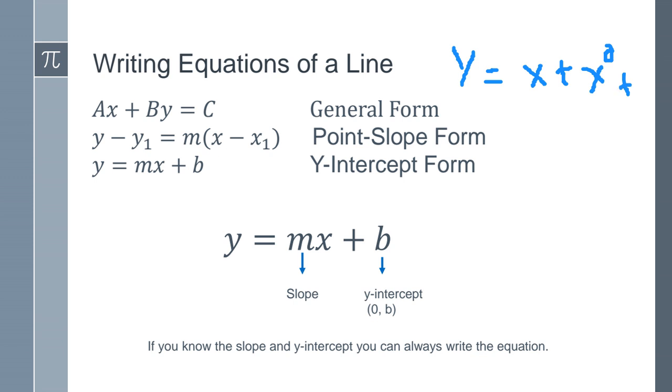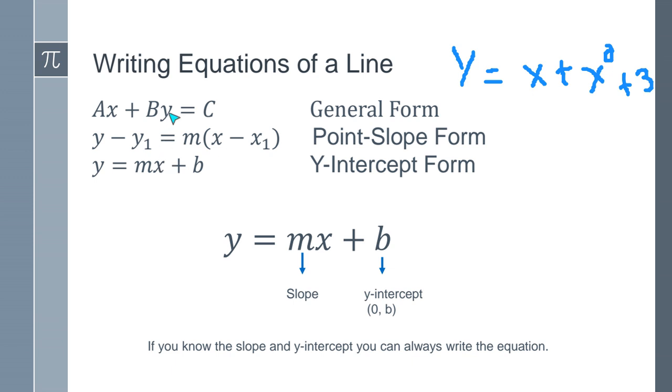If you look at this equation, the highest exponent for x is not 1, it would be 2. So since the highest exponent is a 2, this equation is no longer a line, okay? In order for it to be a line, the highest power of x has to be a 1.